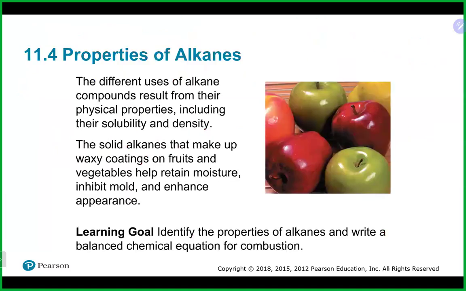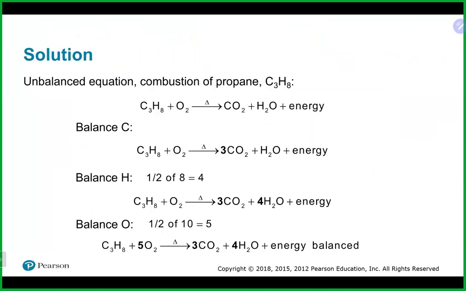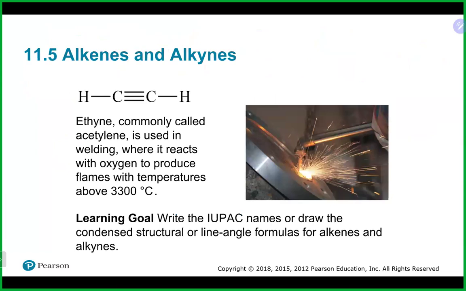Okay. So the next thing we're going to talk about here is another two types of organic compounds, which are alkenes and alkynes. Alkenes have a functional group of the carbon-carbon double bond, so they have at least one double bond.